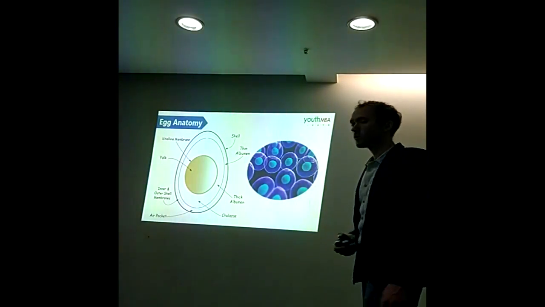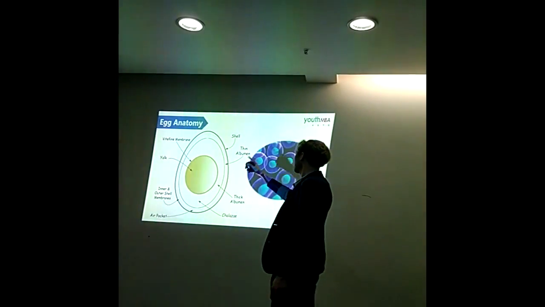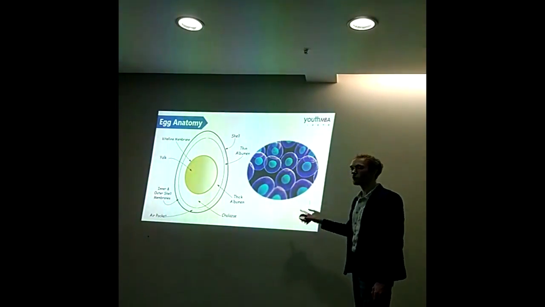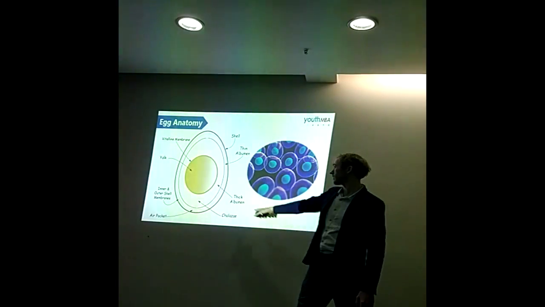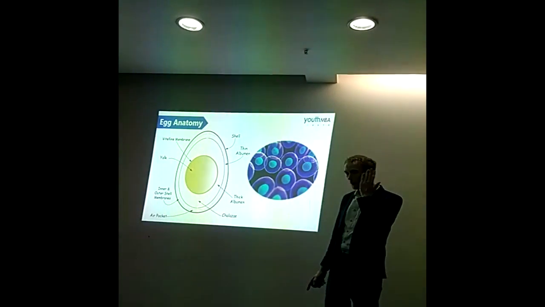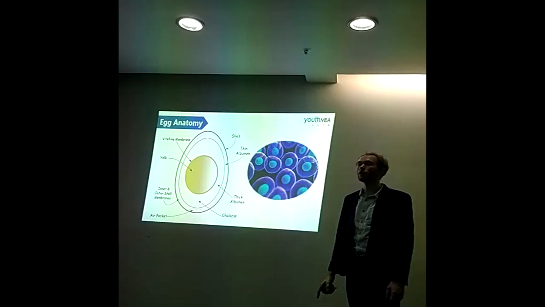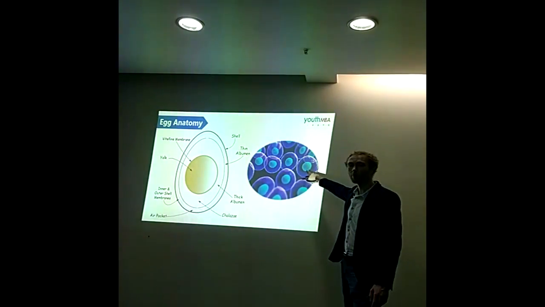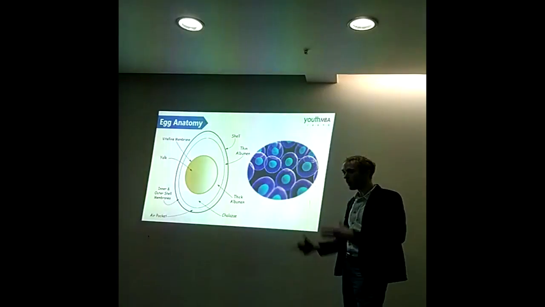Next slide. So here we have an egg and a cell. You can distinguish the structures inside the cell. Even with the naked eye, they look kind of similar to the red blood cells in our blood.